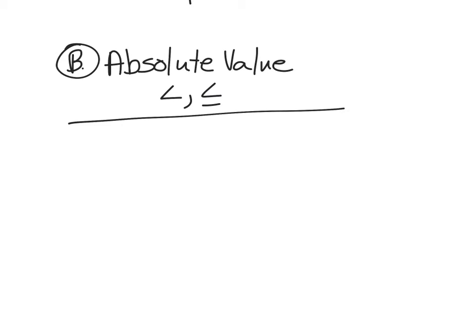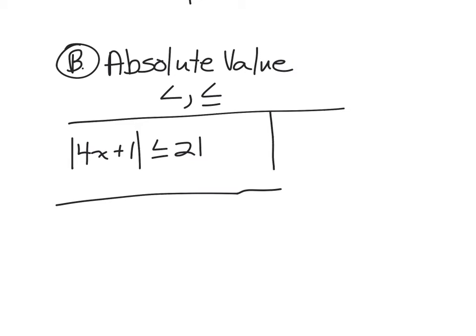An example of this kind of problem would be the absolute value of 4x plus 1 is less than or equal to 21. So we'll come up with a model again. We're going to try to come up with a model for the absolute value of something like ax plus b is less than some number, c.